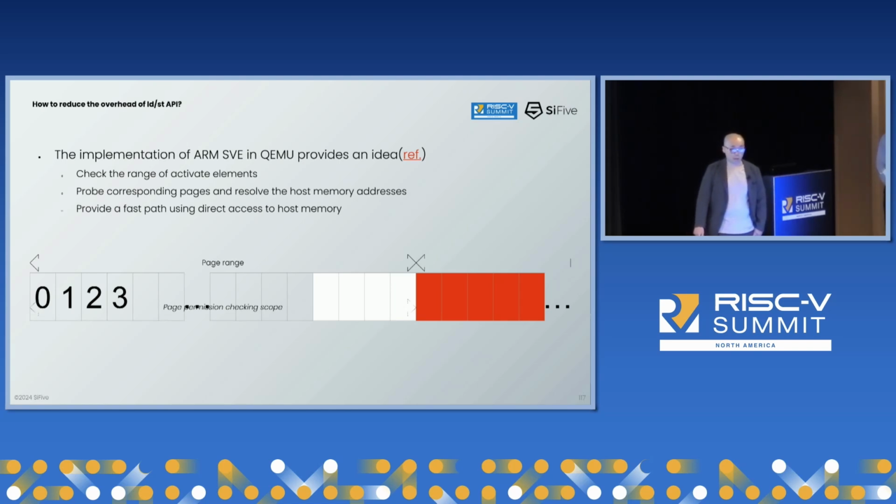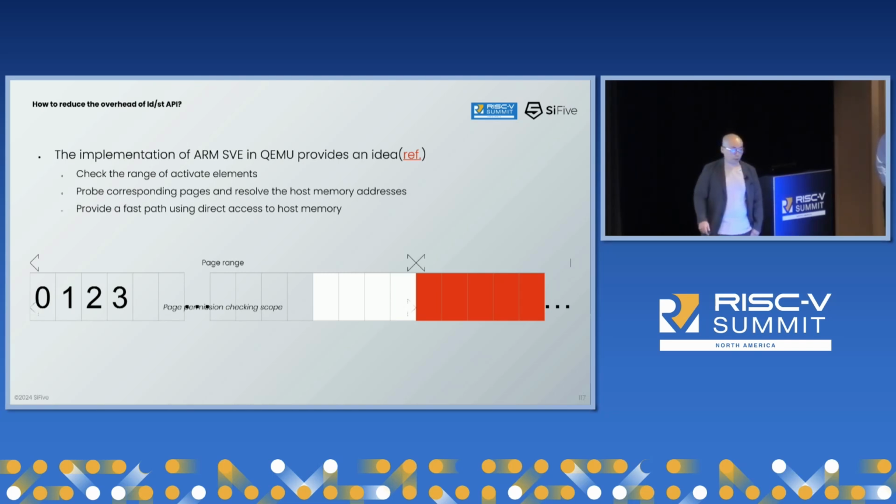So the idea is that in this optimization, you can get all the active elements at the beginning. That means you can know the start address and end address of the load store elements. And you just try to probe the corresponding pages to cover this scope at the beginning.